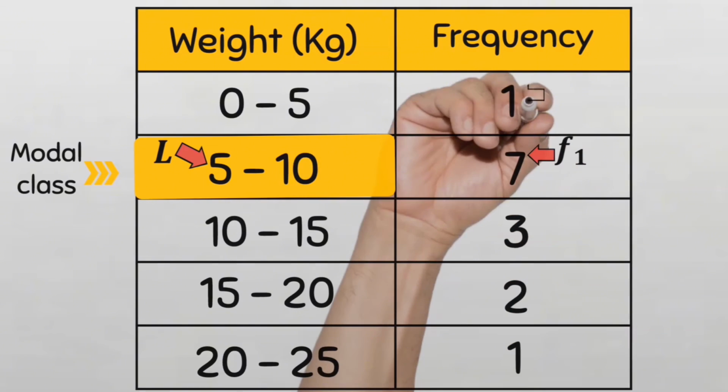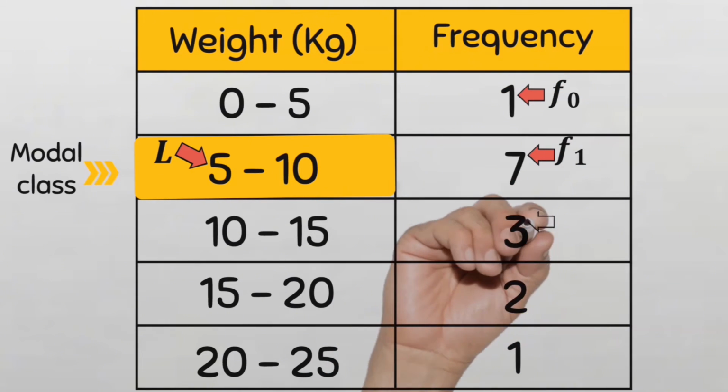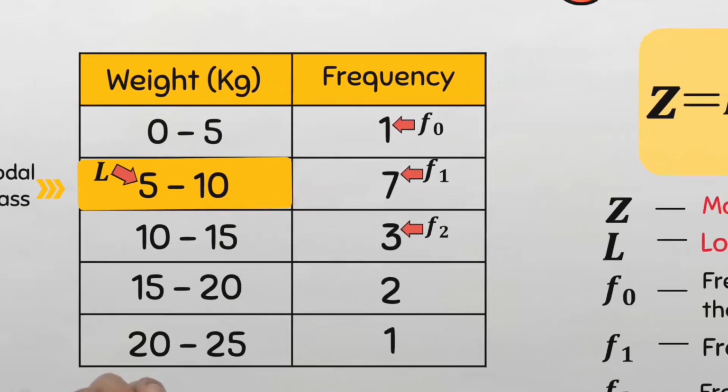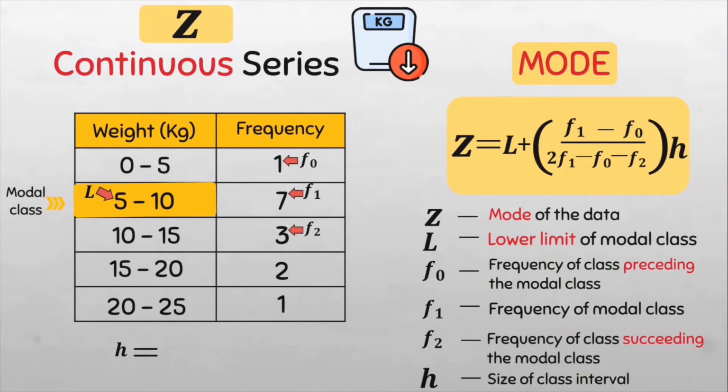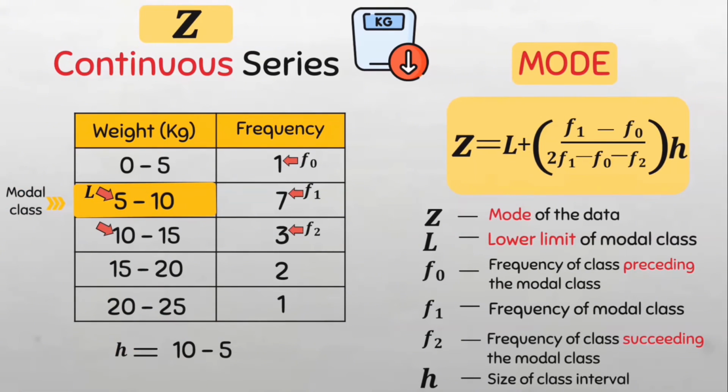The frequency of the class preceding the modal class, f0, is 1, and the frequency of the class succeeding the modal class, f2, is 3. And the size of the class interval, h, is... So if we're using the modal class, the lower limit of the next class minus the lower limit of this class will give us the size of the class interval. That will be 10 minus 5 equals 5.